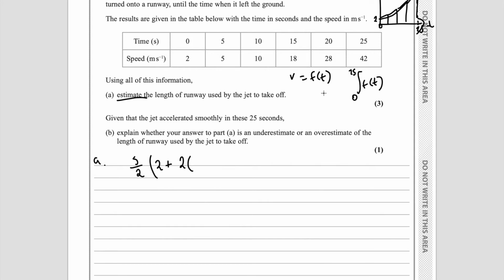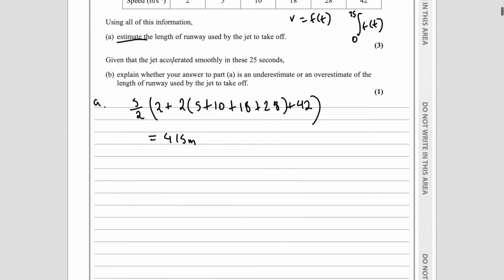We don't include this last speed though. So we have 5 plus 10 plus 18 plus 28. And then on top of that, we add 42 onto the end. Okay? And that gives us the estimate. If you were to calculate this out, that would come up to 415 meters as an estimate.